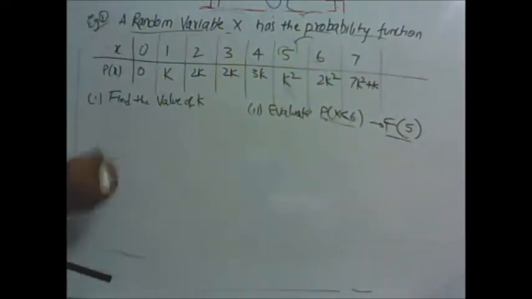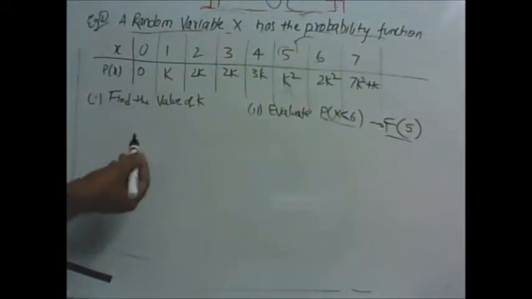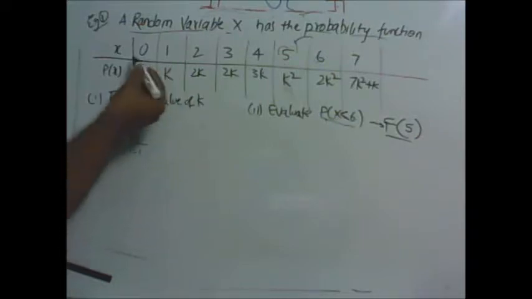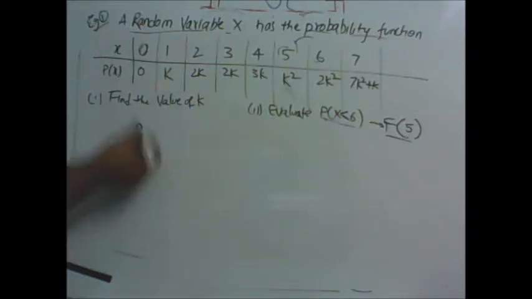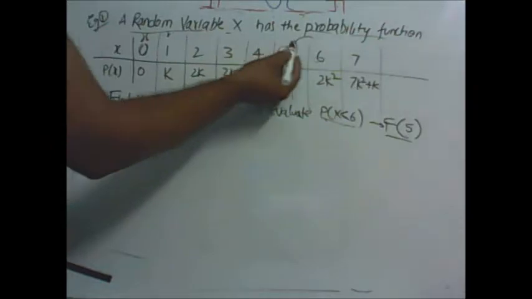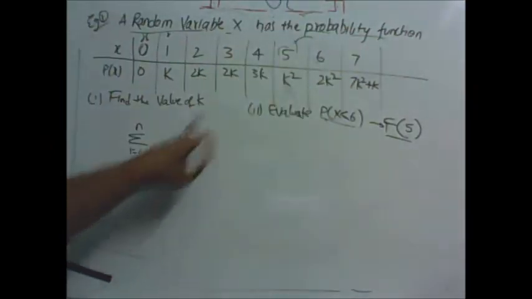Okay, so let's find the first one. We already know from the earlier discussion that sigma i equal to 1 to n. Here the first value is x1, then x2, x3, x4, x5, x6, x7, x8. So a total of 8 values are there.